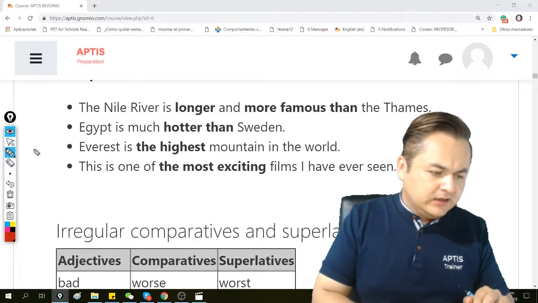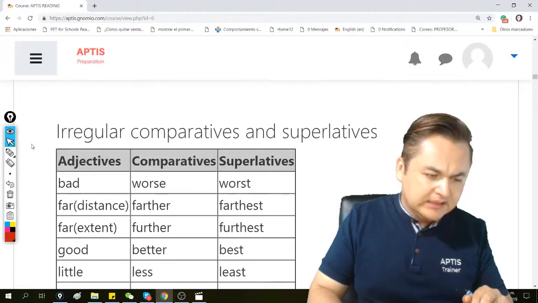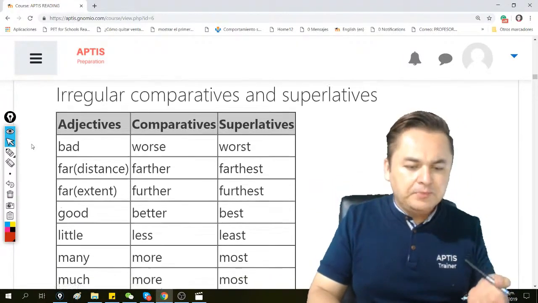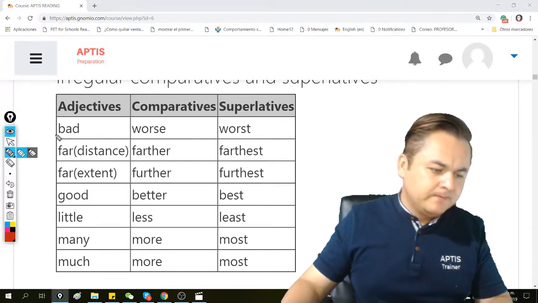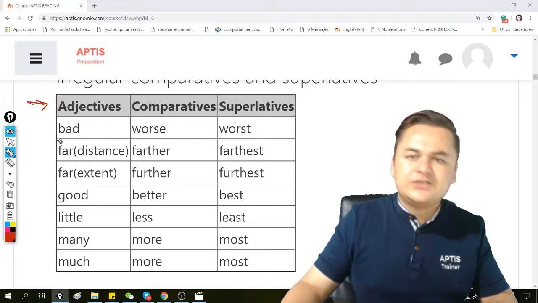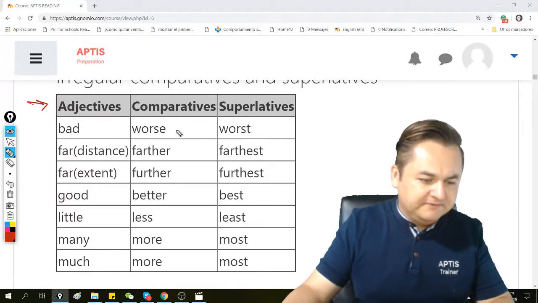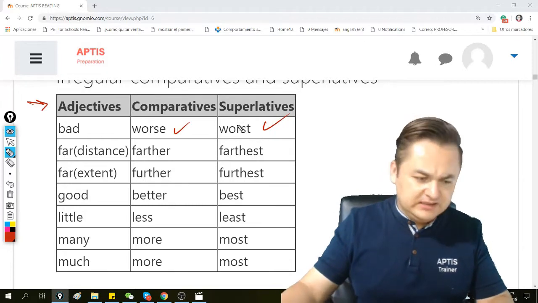Those are examples. Also, you want to remember that there are some irregular comparatives and superlatives to pay attention to. Bad is the plain adjective, the comparative form is worse, and the superlative is the worst.